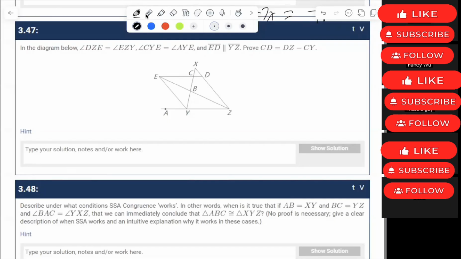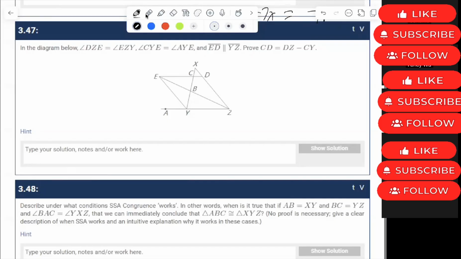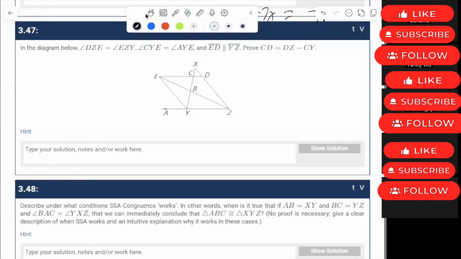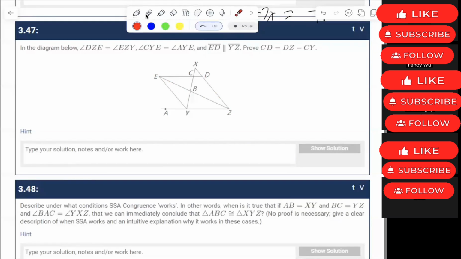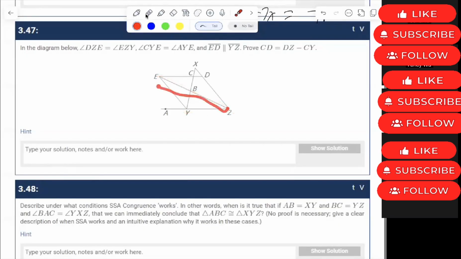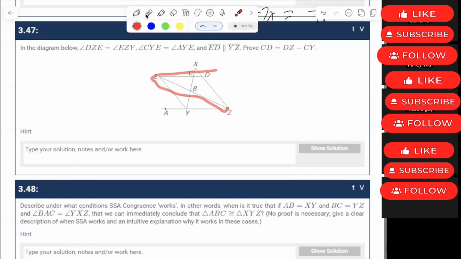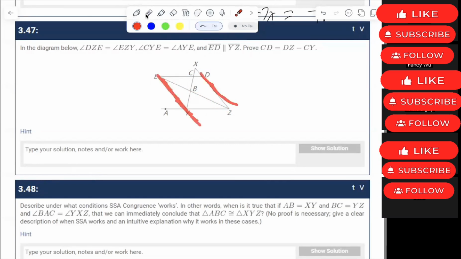Well, since ED is parallel to YZ, we have DZE. That angle is equal to EZY as well as ED. Why? Because of parallel. Because this is a transversal. These are transversals.